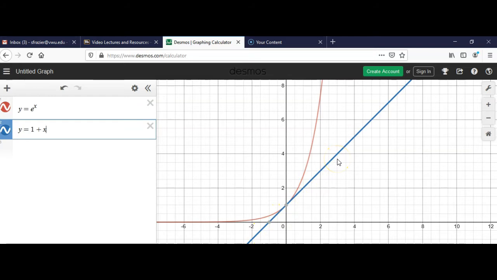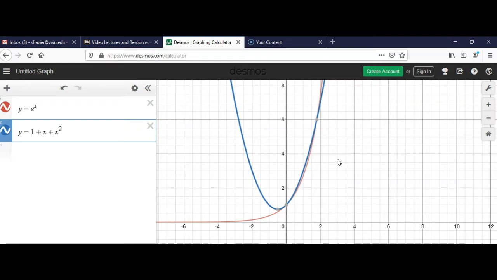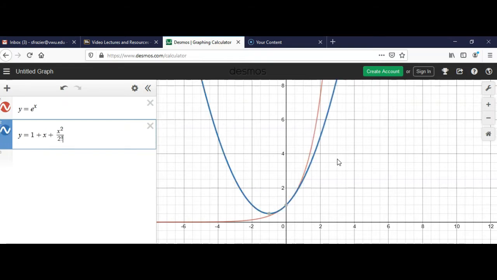Let's continue to add terms here. Plus x squared over 2 factorial. So now you can see if we have the three terms of that Taylor series, it's starting to bend towards the e to the x function. Let's add a couple more. x to the 3rd over 3 factorial.